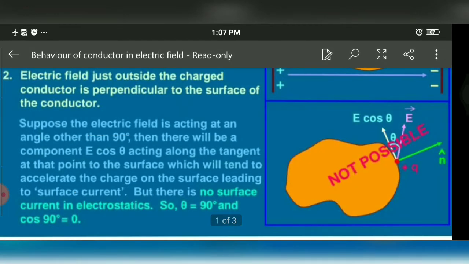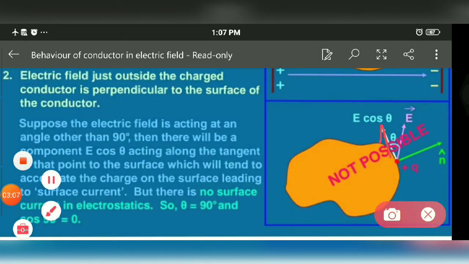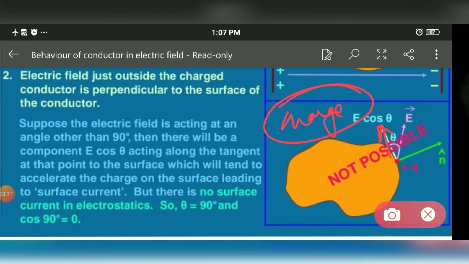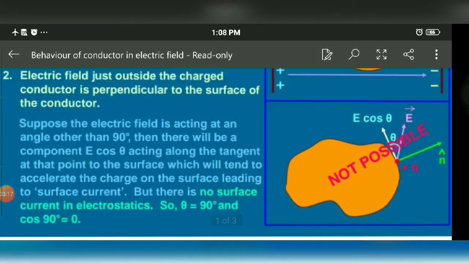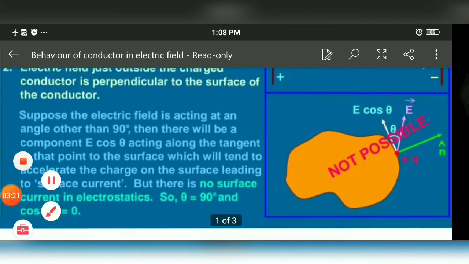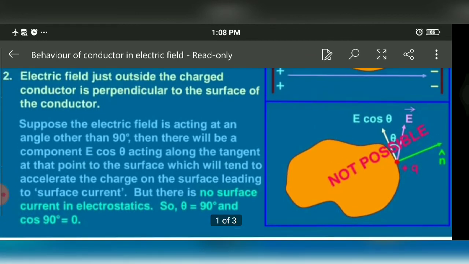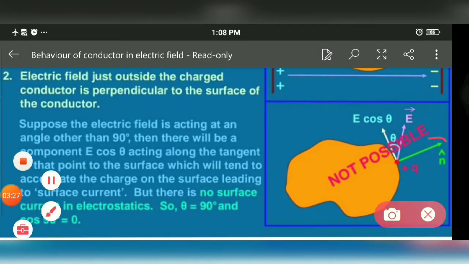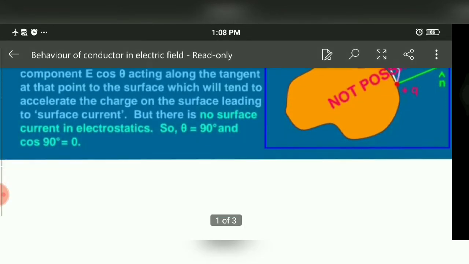If the charge starts moving, it starts accelerating and carrying surface current, which is not the case. So the tangential component does not exist. Only the perpendicular component exists, due to which charge stays at the point where it is accumulated.